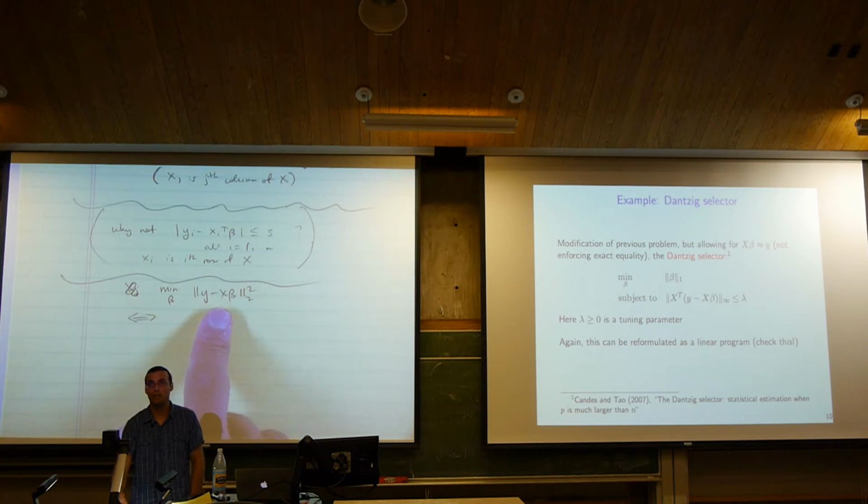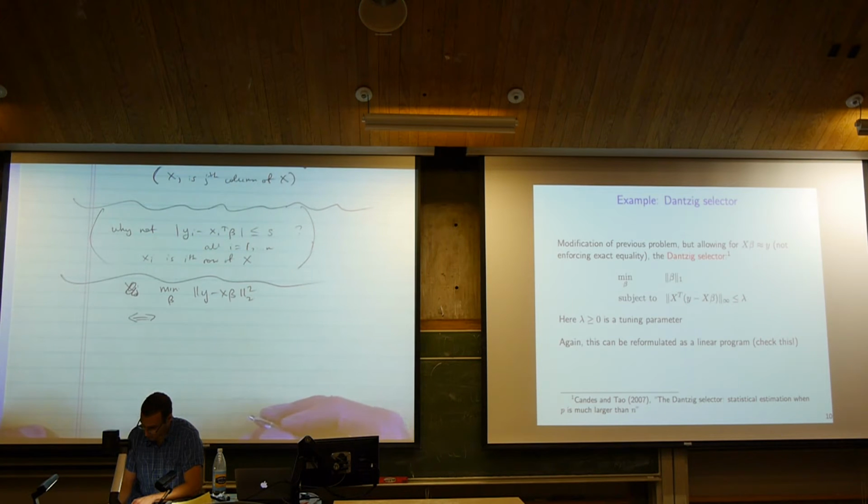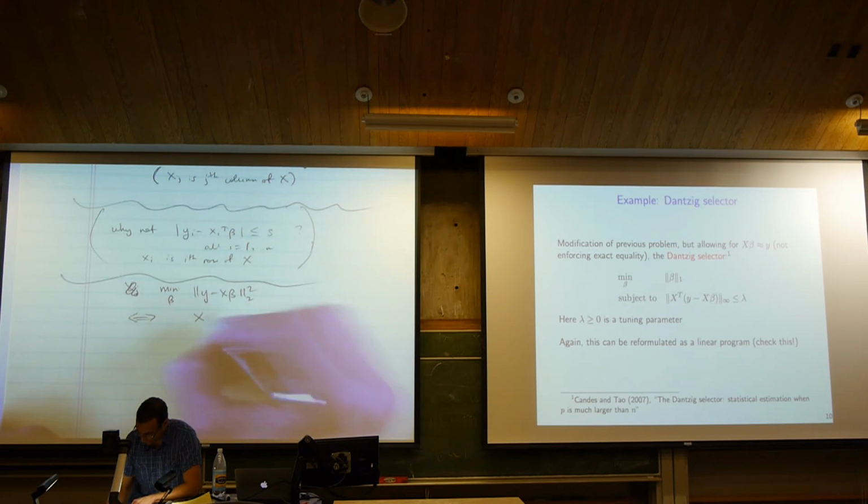So let's take the gradient of this and set it equal to 0. What's the gradient of this function? It's actually this thing.